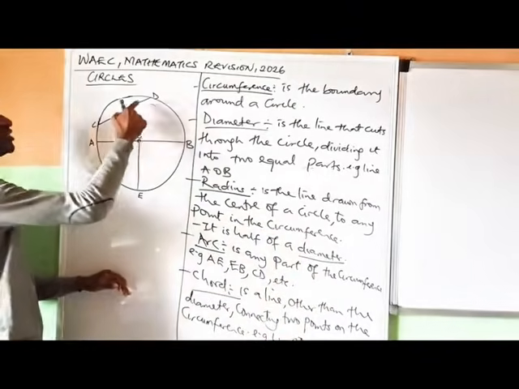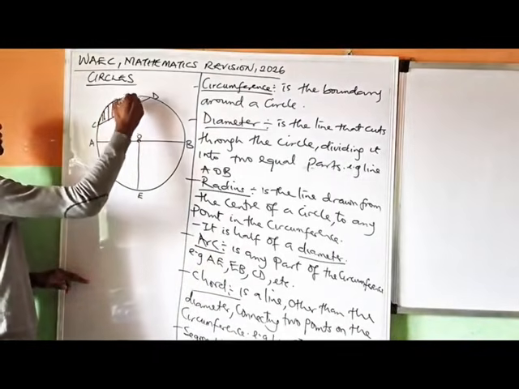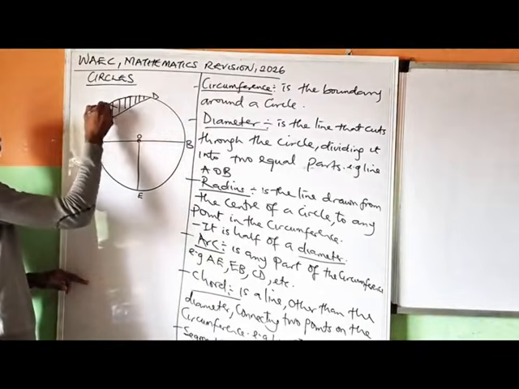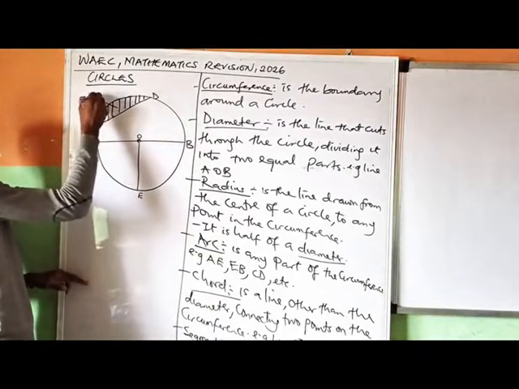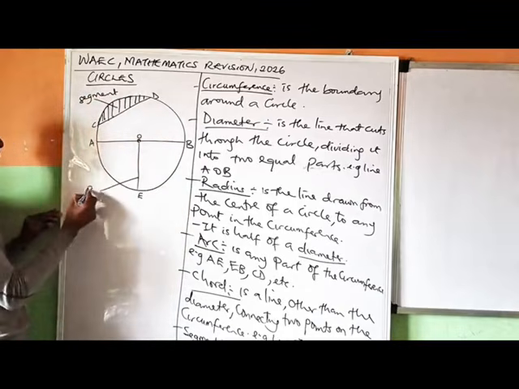So this is a chord CD. If I choose to paint this portion now, that painted portion is the segment. So let me label this diagram. This is the segment. This is my radius.